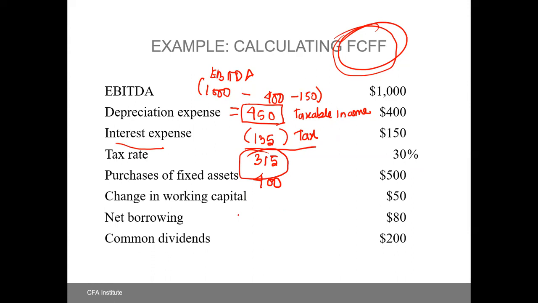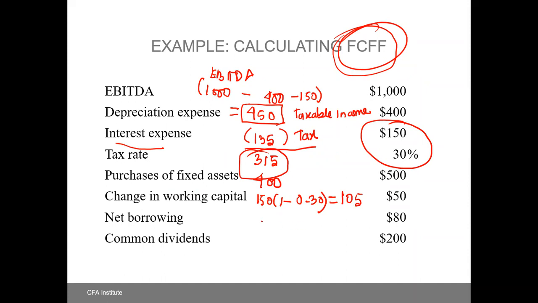Can you recall what we wrote? After-tax interest expense. Exactly. 150 multiplied by 1 minus 0.30. What is it? 105. Yes, sir.